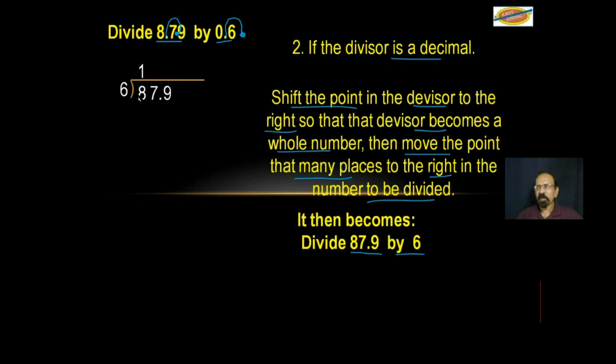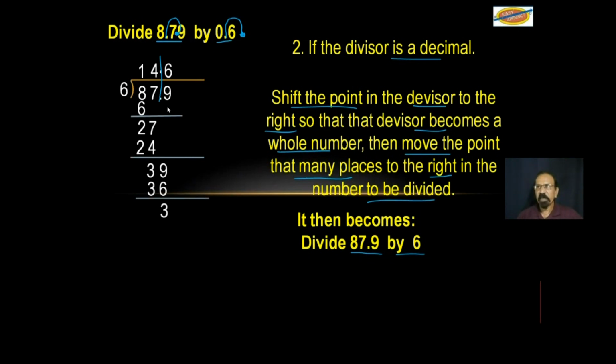So 6 into 8, 6 ones, 6, remainder 2, bring down the 7, 6 into 27, 6 fours, 24, and you get 3. Carry up your point, make sure you keep the point in place.